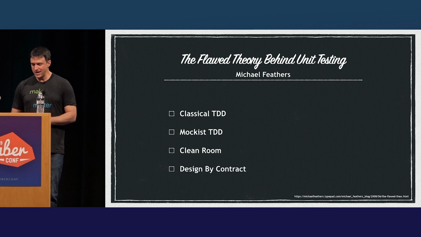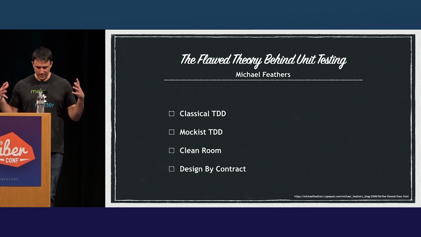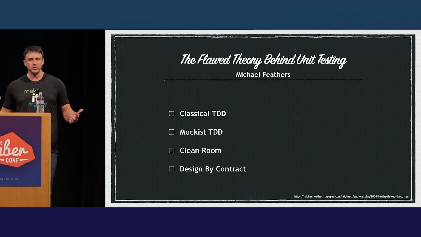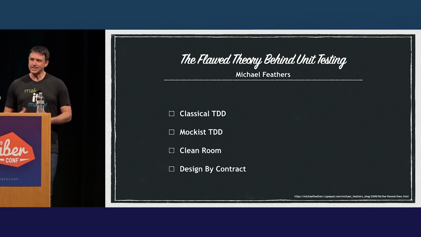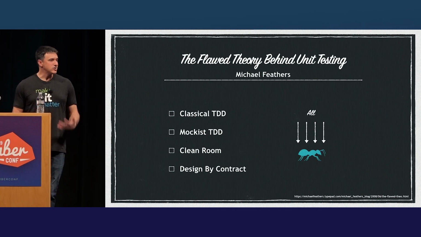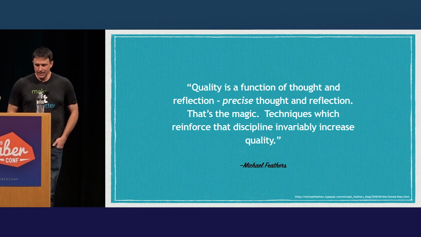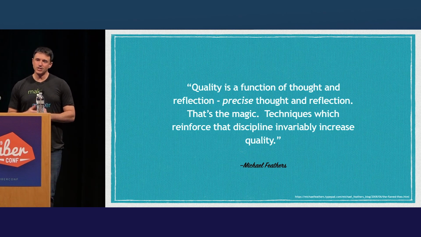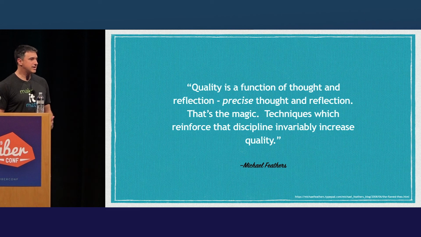There was Clean Room, which did an extraordinary amount of examination on each commit. And there's Design by Contract, which pushed a whole lot of ceremony around your APIs. All these techniques did one thing: they were successful when done right, and they drove down bugs. His reflection on that was that quality is a function of thought and reflection. And any discipline that you can incorporate into your daily life that increases thought and reflection is going to help you out.